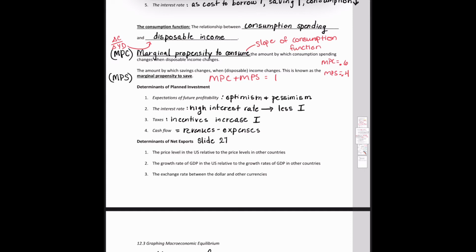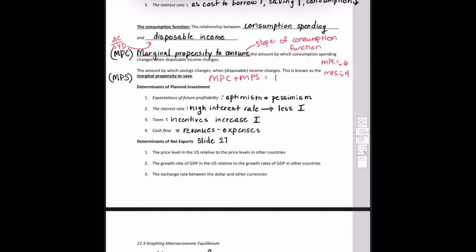Taxes. Corporate taxes on profits will decrease money available for reinvestment and decrease incentives to invest by diminishing expected profitability. Tax incentives tend to increase investment. Finally, cash flow.